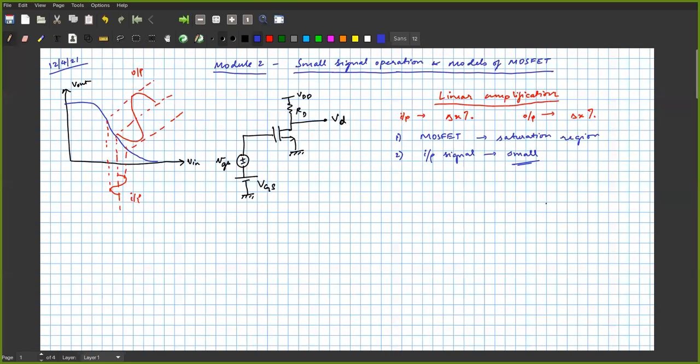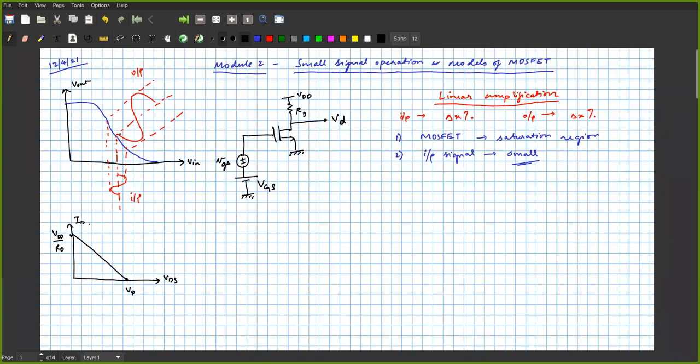Why? Because if you draw your output characteristics, VDS, IDS, and if I draw my load line there, this will be VDD by RD. This will be VDD.